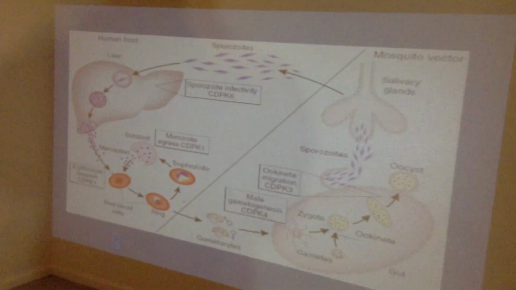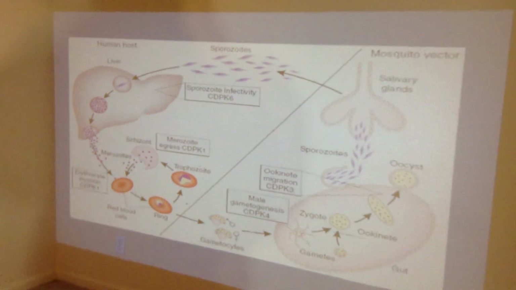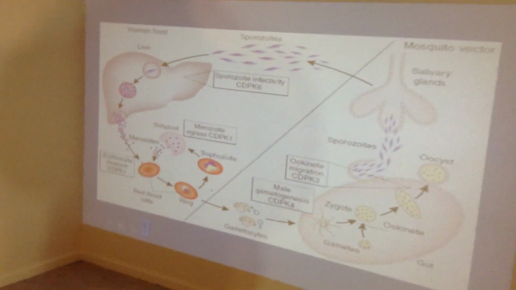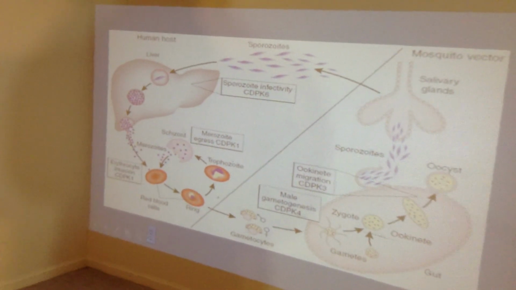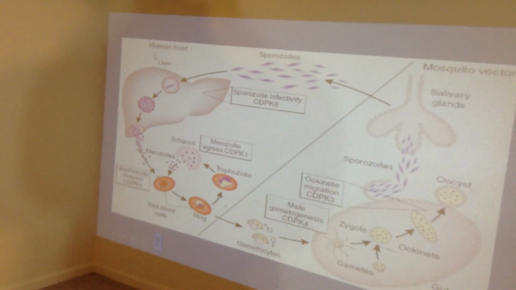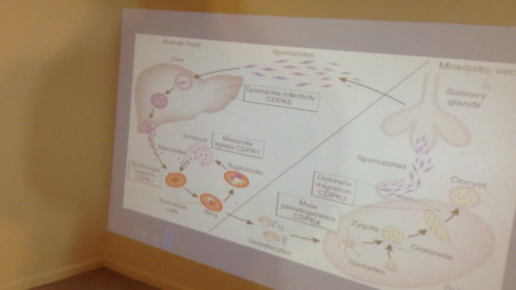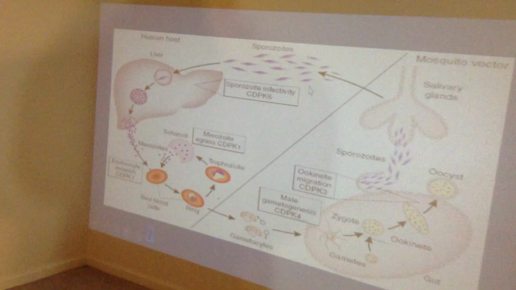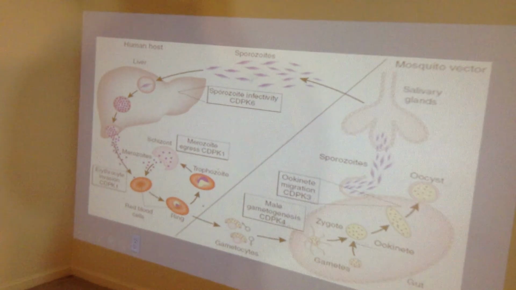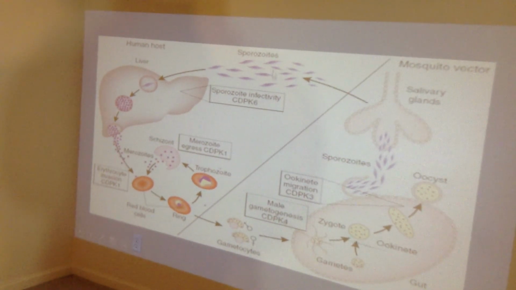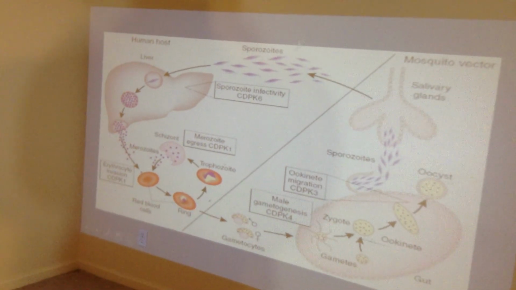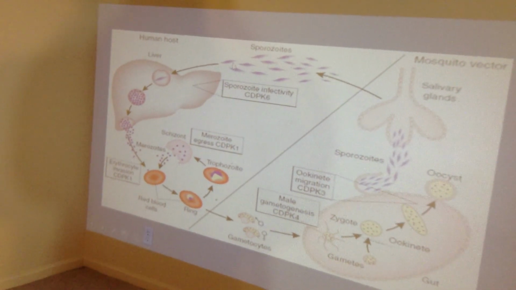I was trying to explain to you the life cycle, how malaria goes in the body. So this is why I brought this slide to reinforce what I'm saying. This life cycle takes place in the human host and the mosquito, the vector. What happens is when this mosquito bites a human being, if this mosquito is infected with this parasite, it introduces the form of the parasite called the sporozoites into the human.